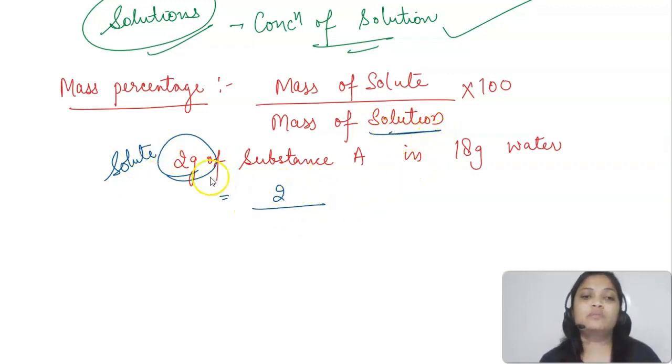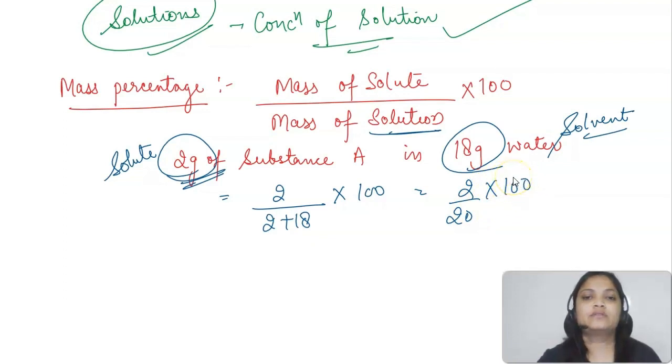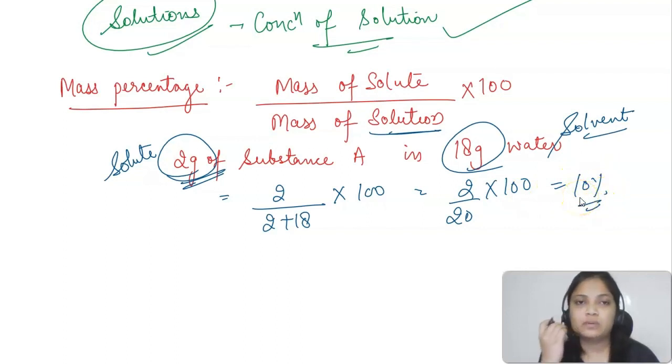Now mass of solution means mass of solute plus mass of solvent. So what is the solvent here? 2 plus 18 into 100. So 2 upon 20 into 100. Right? So this is going to be the answer. And you will be getting 10%. So means the mass percentage of this particular solution is 10%.